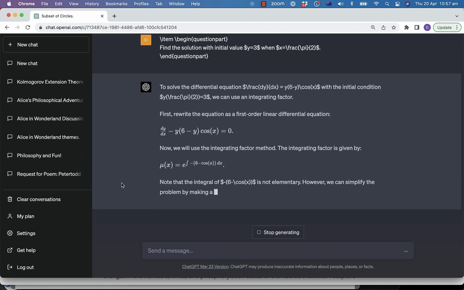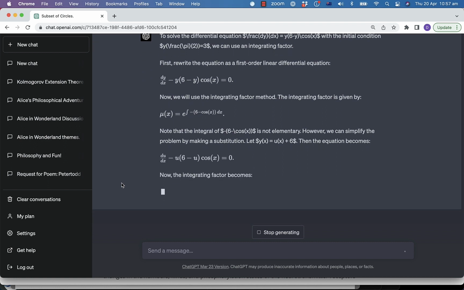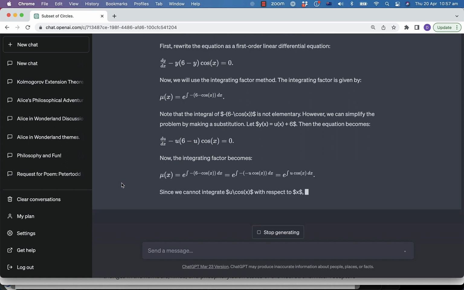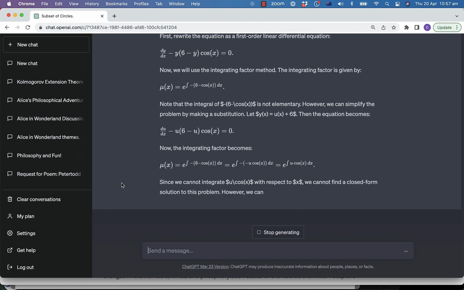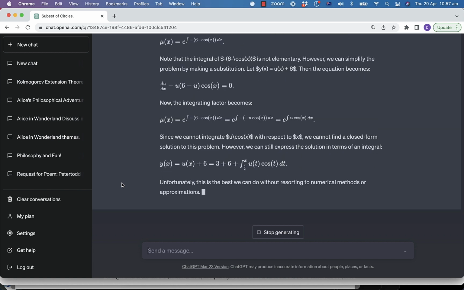Oh no. If I was reading a student solution at this point, I would start worrying. Definitely. Whoa. No, this is... This is the best we can do.